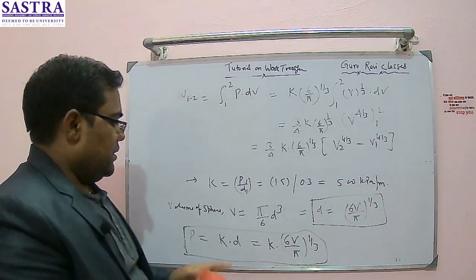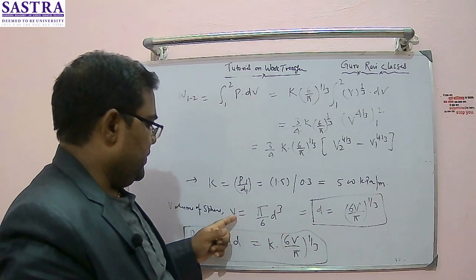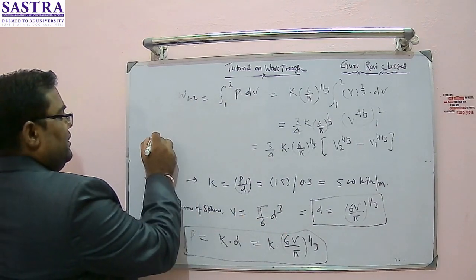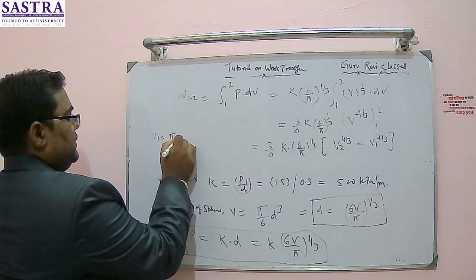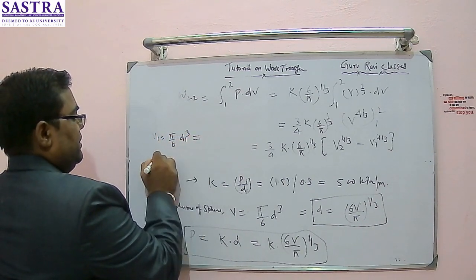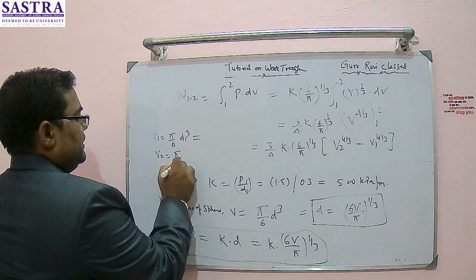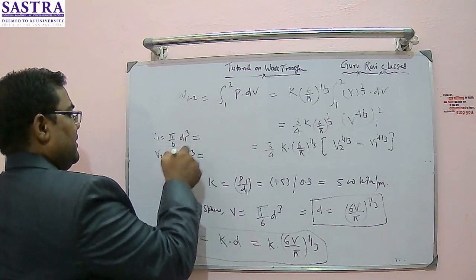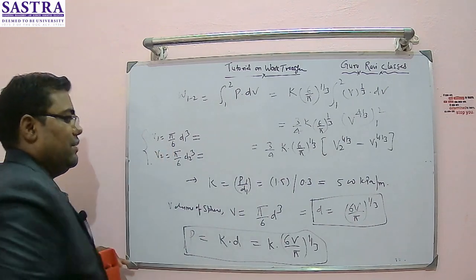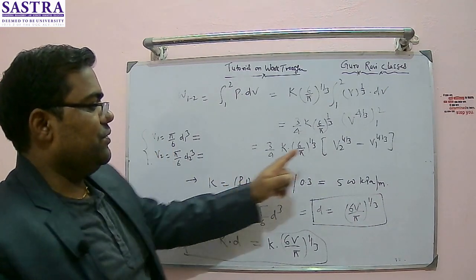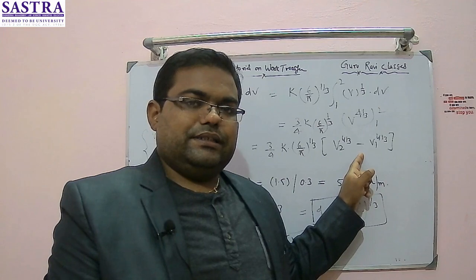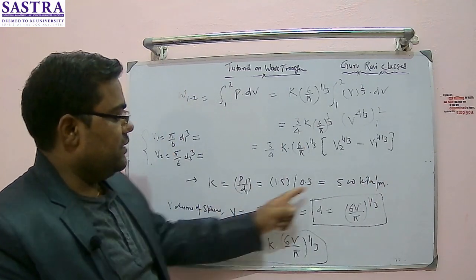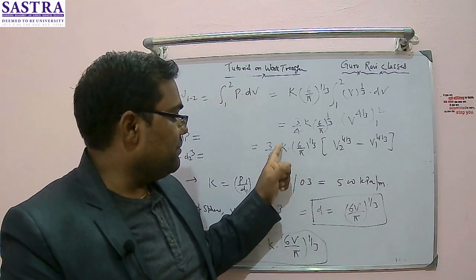V is here, right? So V1 can also be calculated. V1 is equal to pi by 6 d1 cube, and V2 is equal to pi by 6 d2 cube. D1 and D2 both are given and these are constant. So V1 and V2 can be calculated. So this V1 and V2 you can substitute here to get the work transfer. And this K value, which we already got, can be substituted here.